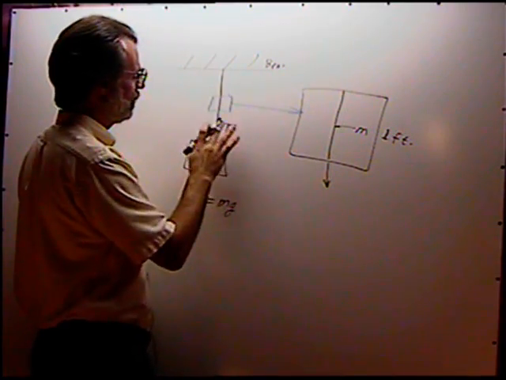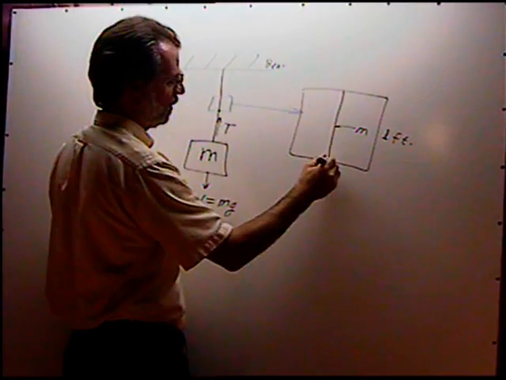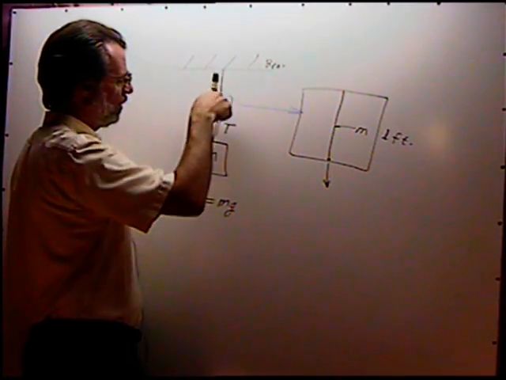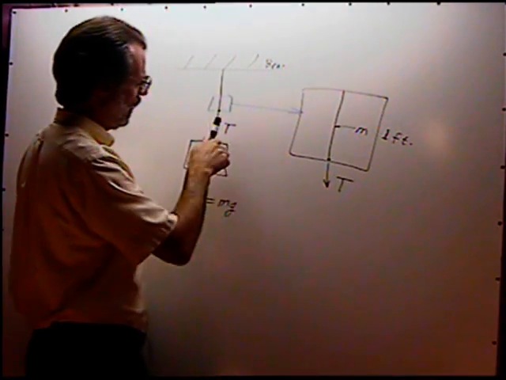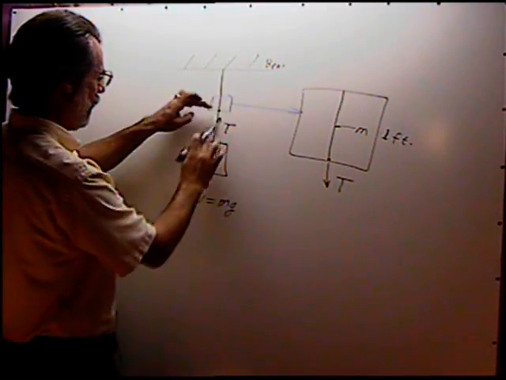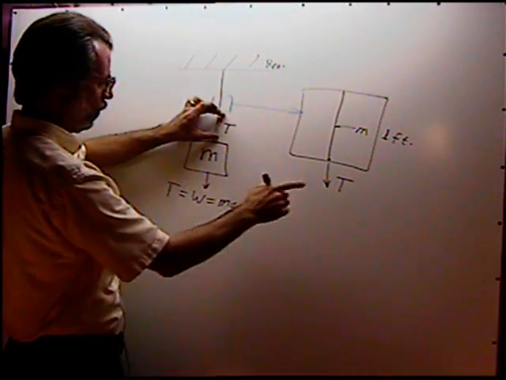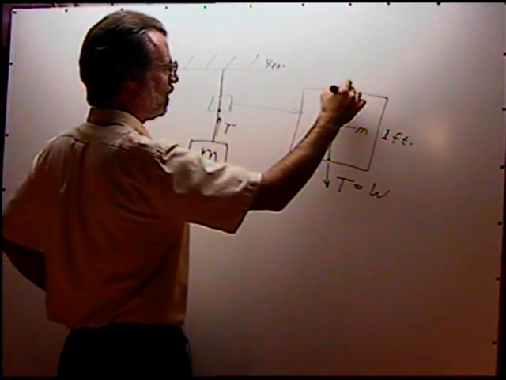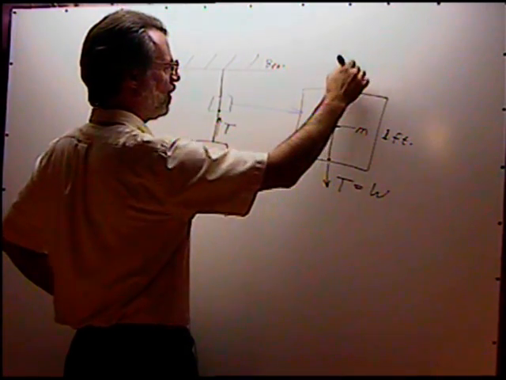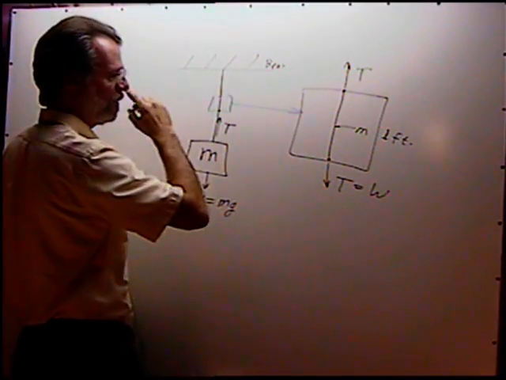Let me say this. At this point right here, there's a tension this way. And suppose we collapse this rope, we know that this tension here is equal to the weight. At this point here, there must be another tension acting up. Well, in fact, there is, because there's more rope up here.